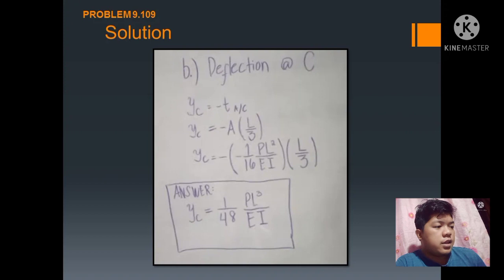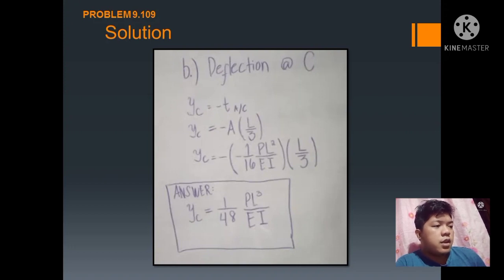It will be negative times the area, which is negative 1/16 PL squared over EI, times the centroid, which is L over 3. So our answer for the deflection at C will be 1/48 PL cubed over EI.